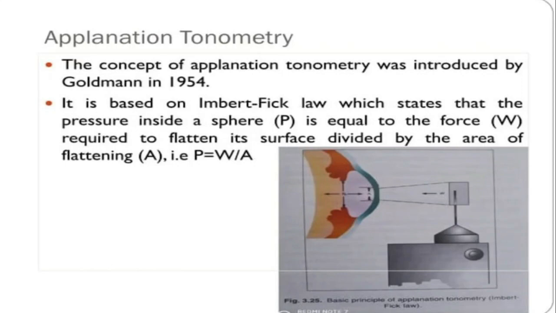Applanation tonometry is preferred over other types of tonometry because it is more accurate and less affected by corneal thickness and curvature. It is particularly important for the diagnosis and measurement of glaucoma, a condition that can cause damage to the optic nerve due to elevated IOP.